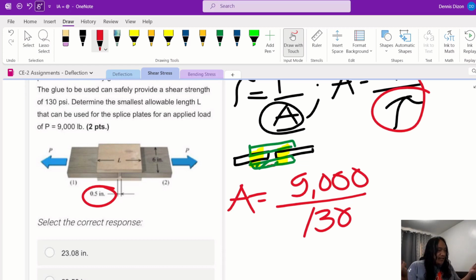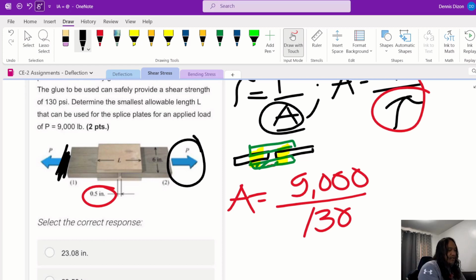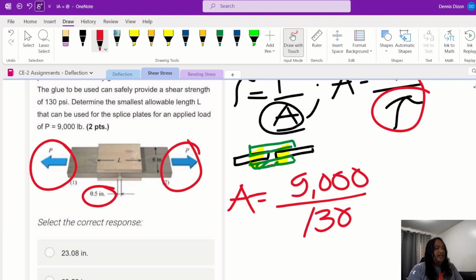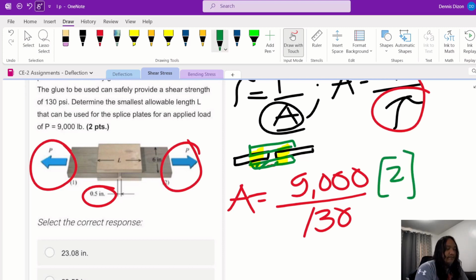So if for example the diagram had a support here, then you only consider your load as 1P and this is just your reaction. But in this question, you have P here, and then you have another P here. Therefore, you multiply this by 2, right?